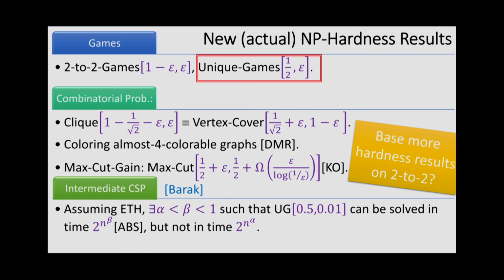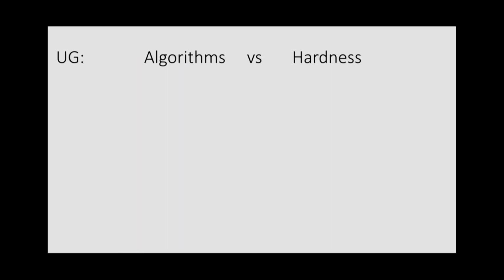So let me discuss the history of Unique Games a little bit. So the history of Unique Games is sort of an ongoing battle between algorithm designers and reduction people, people that try to prove hardness.